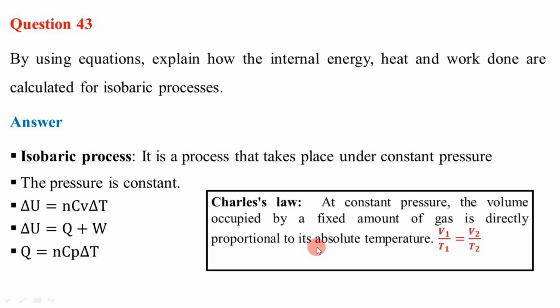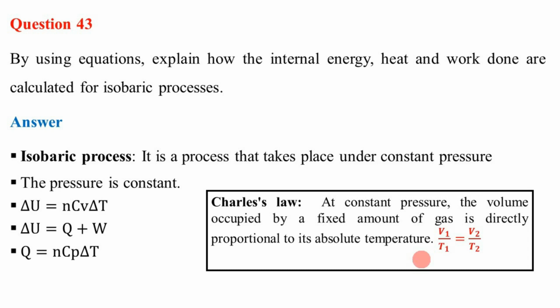In this case you can also use the Charles law equation, which says that at constant pressure, the volume occupied by a fixed amount of gas is directly proportional to the temperature. That means you can use the equation V1 over T1 is equal to V2 over T2 when you have an isobaric process, a process occurring at constant pressure.